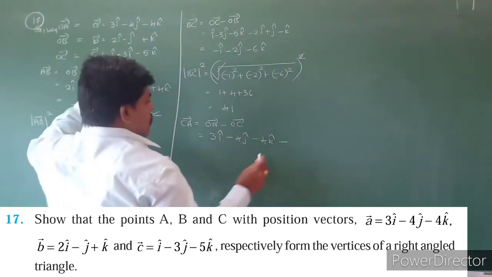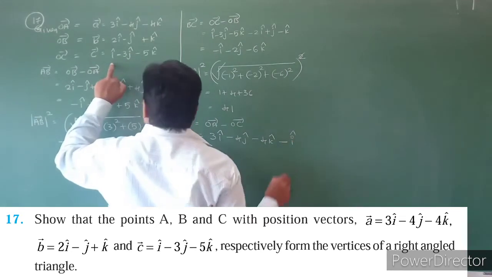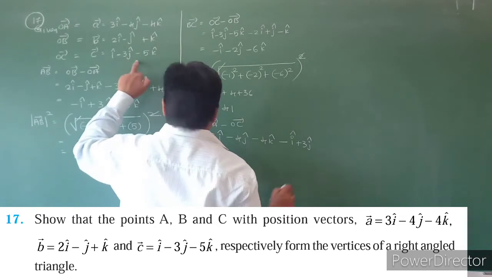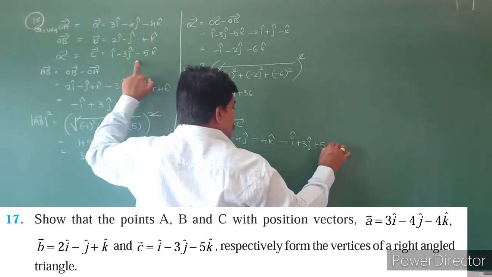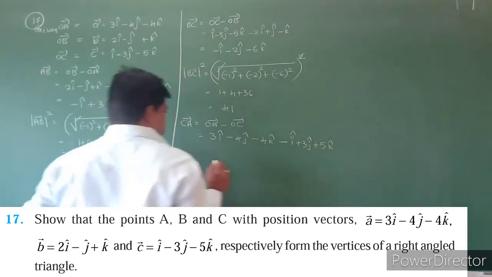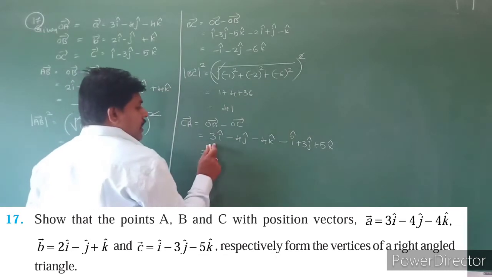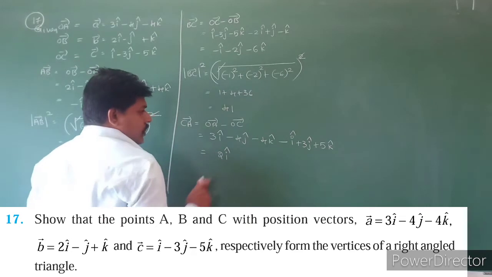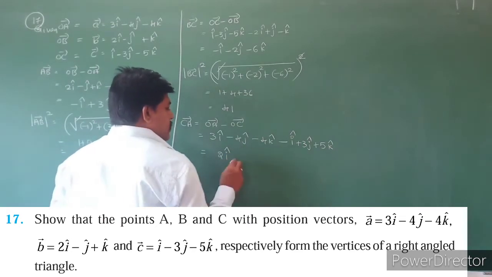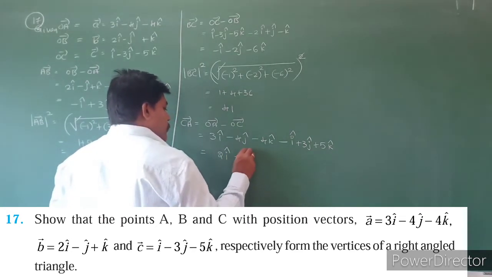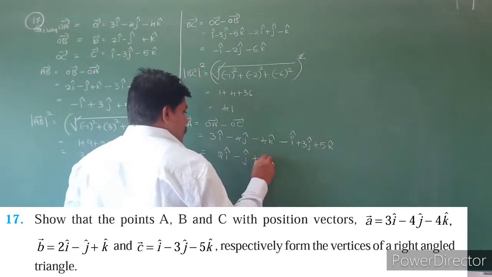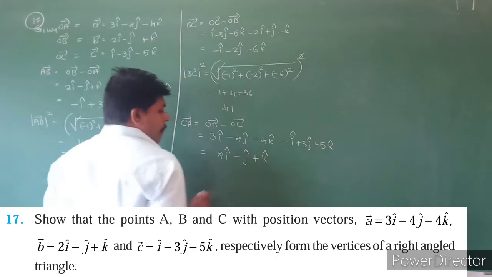So that is equal to 3i minus i, it will become 2i, minus 4j plus 3j, it will become minus j, minus 4k plus 5k, it will become plus k cap.